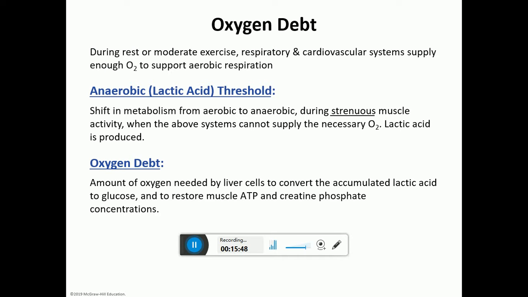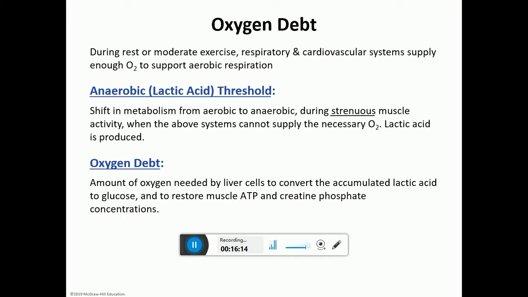Now, oxygen debt. So if the muscle doesn't have enough oxygen and is unable to enter the citric acid cycle and the electron transport chain, what happens is that we produce lactic acid. So remember, lactic acid is the reason our muscles are sore after a very strenuous exercise.